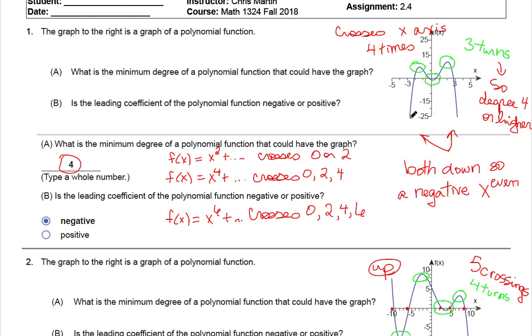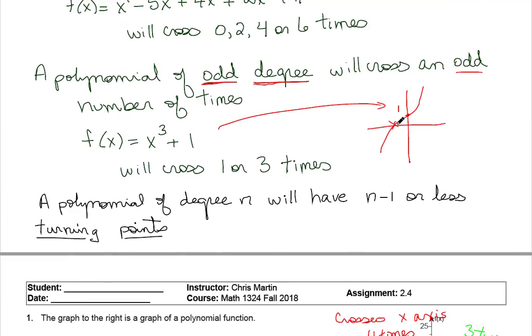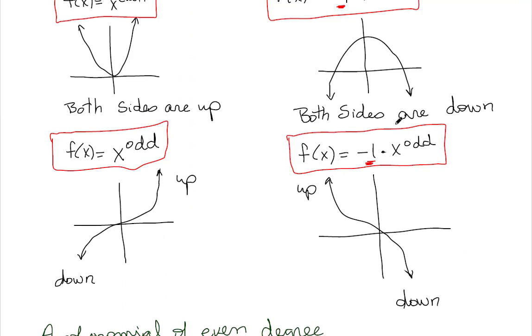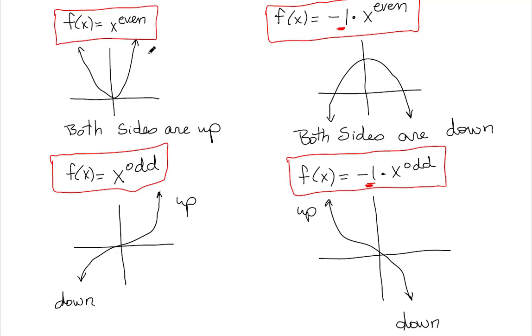Remember back up here, let's go back and review for just a moment. Remember this thing again? If it's even, they're both up. Or if it's negative even, they're both down. If it's odd, we got down and up. So keep that in mind when we're looking at the highest degree.